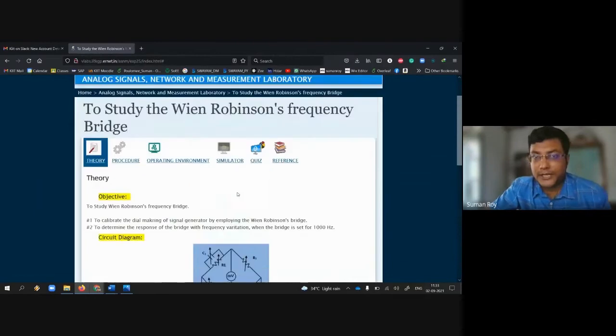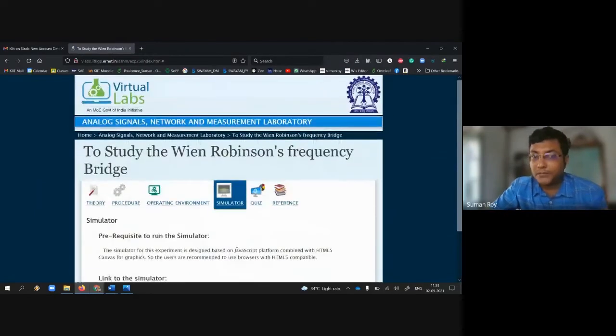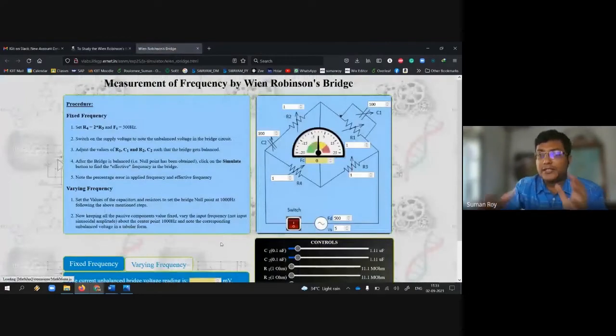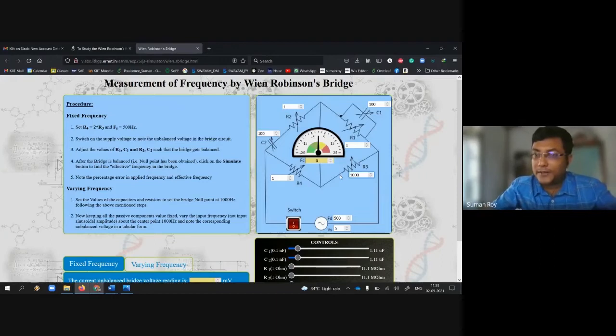Now, without further ado, go to the simulator link and click here to perform the experiment. This is our experimental setup for the Wien Robinson's bridge. You have to follow the procedure. I am saying let R3 be 1000, and we have seen that R4 should be equal to twice R3, so that means it should be 2000.